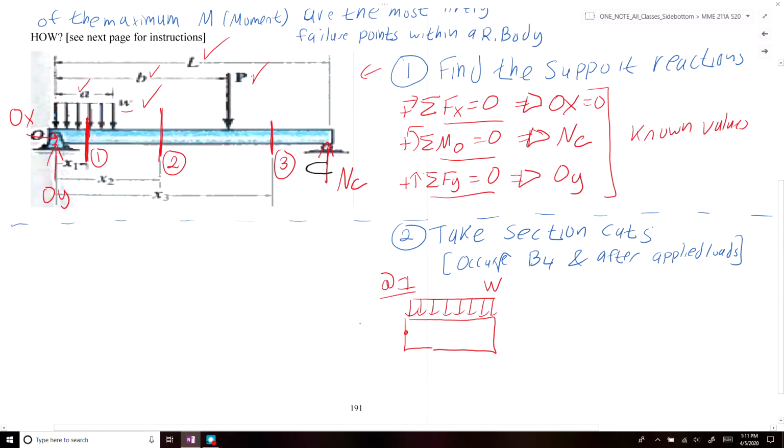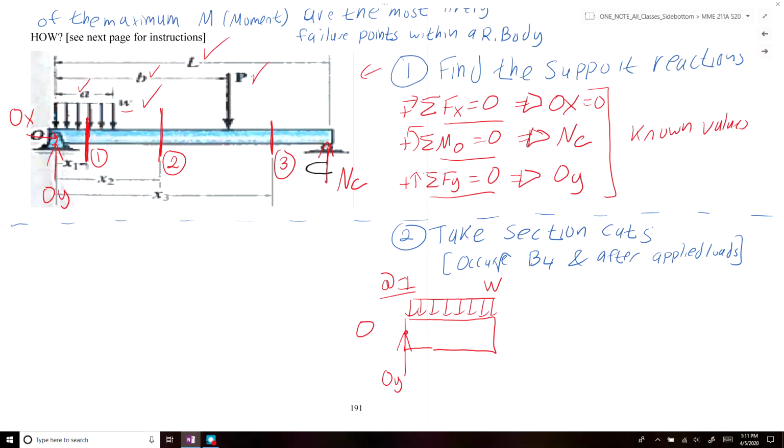On the left-hand side of the section we have point O, and we'll have Oy. There's no Ox in this situation because there are no applied forces along the x direction, so we're not going to draw Ox.